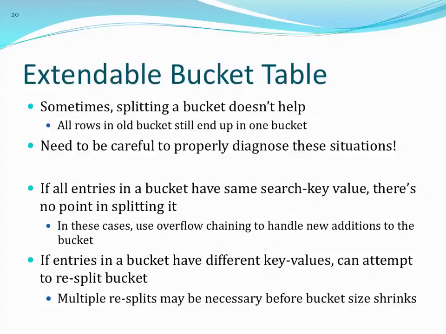The idea is that you do this process intelligently and stop when it clearly will do no good, or else your bucket address table might explode in size, and that doesn't do anybody any good. Does that make sense? That's a pretty important thing to do correctly.